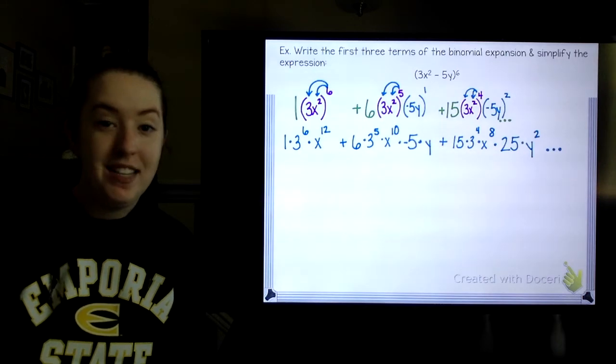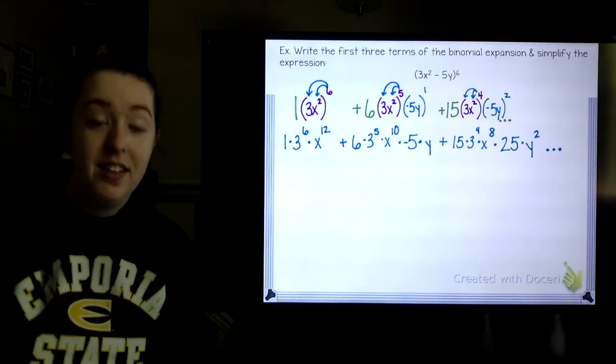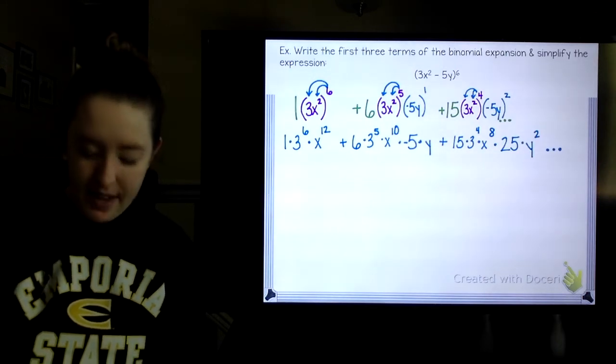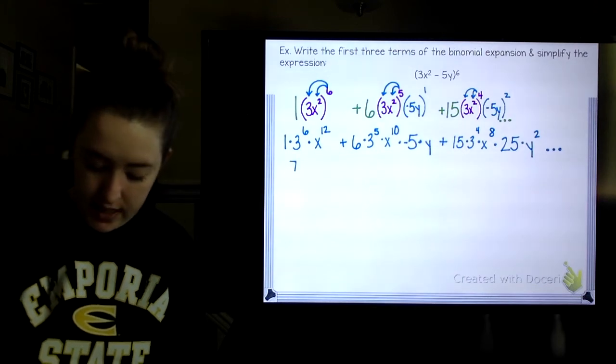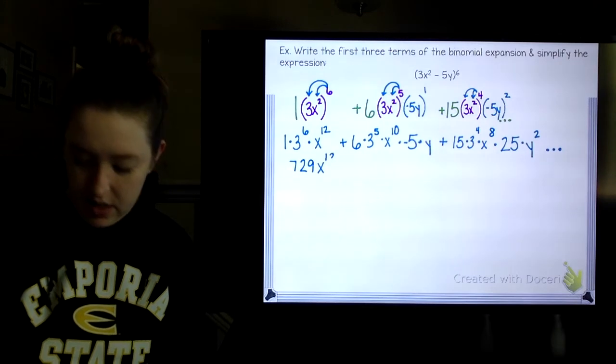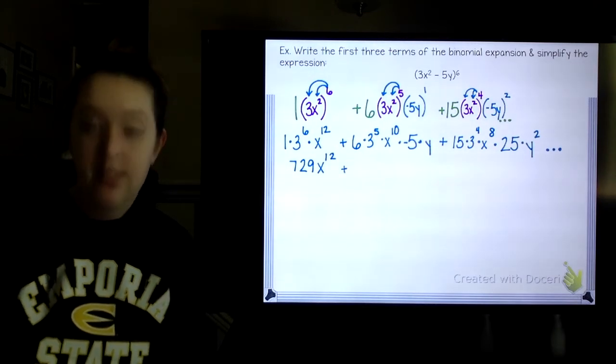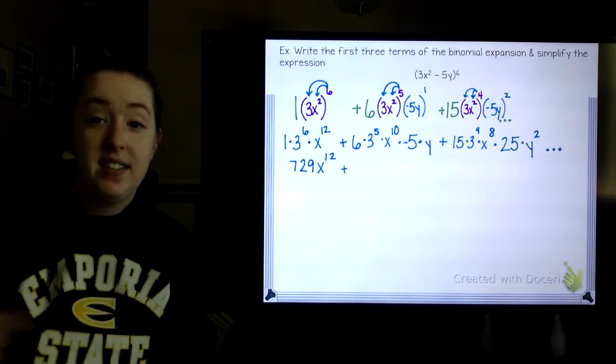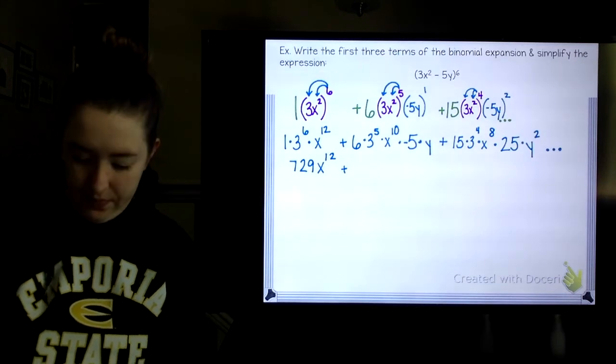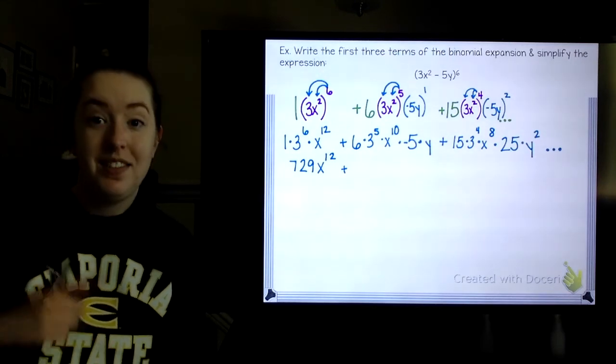1 times 3 to the 6th is just 3 to the 6th. So if I put 3 to the 6th into my calculator, I'm going to end up with 729 x to the 12th plus, and then I'll take 6 times 3 to the 5th times negative 5.